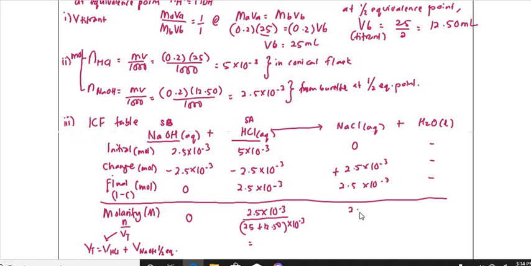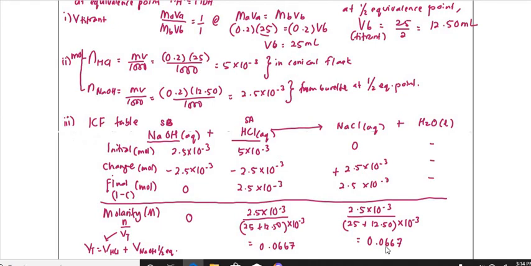Okay, yang ini 2.5 eksponen negatif 3 bahagi 25 tambah 12.5, tukar menjadi liter. Get the molarity here. Molarity for HCl is 0.0667. How about NaCl? 0.0667.